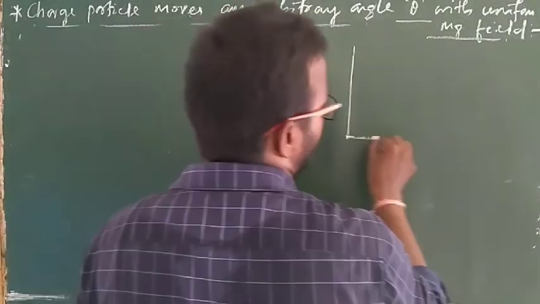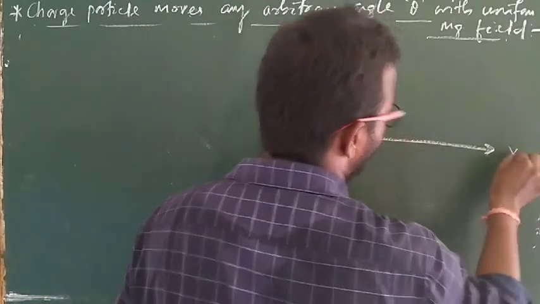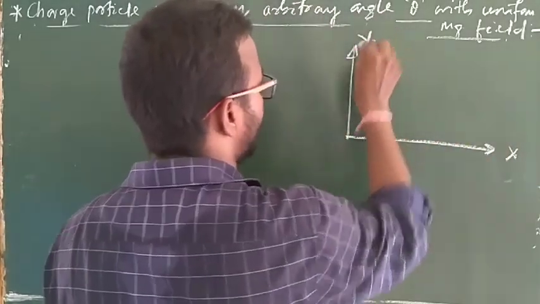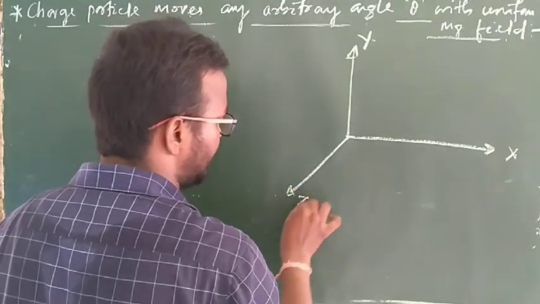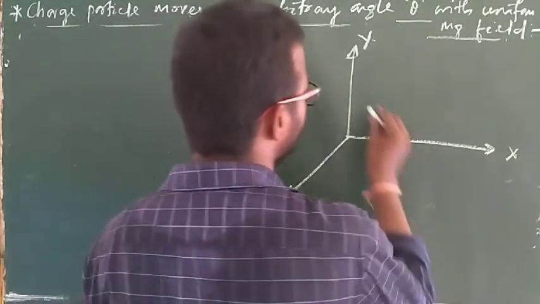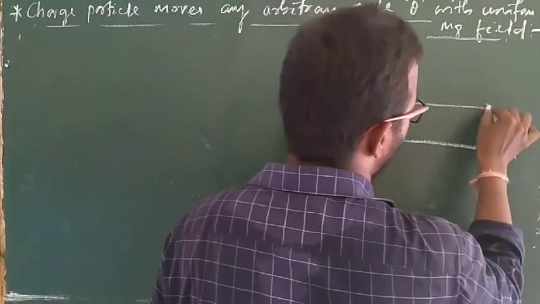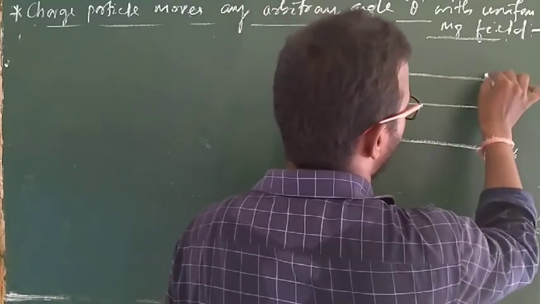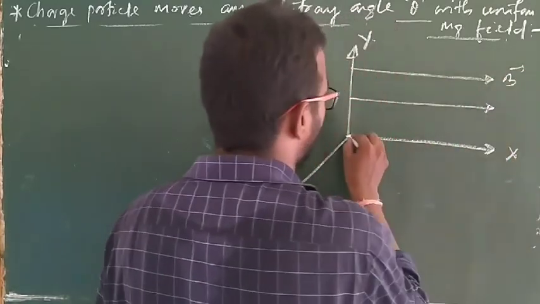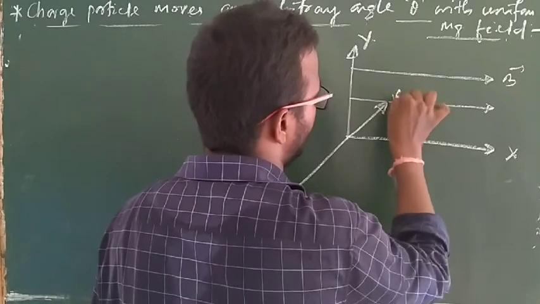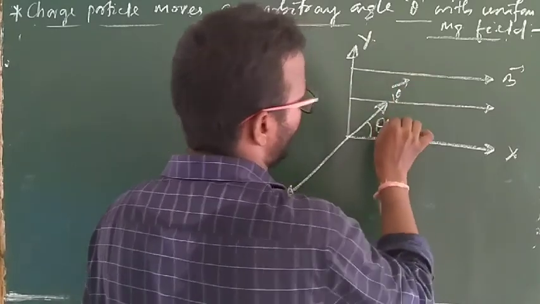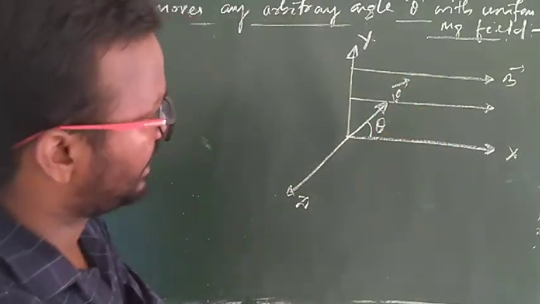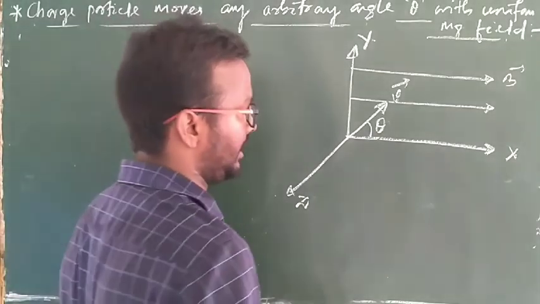Suppose we make another diagram: this is the x axis, this is the y axis, and this is the z axis, and this is the direction of the uniform magnetic field B. This is the direction of the charged particle, making an arbitrary angle theta with the direction of the magnetic field.